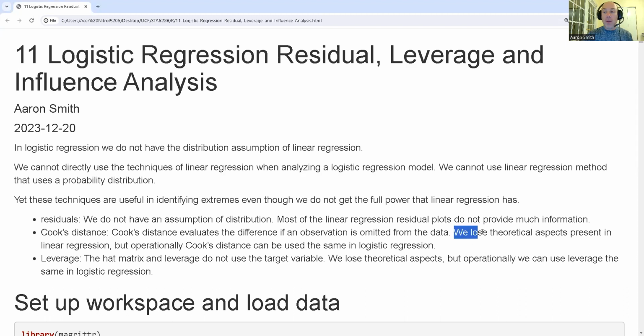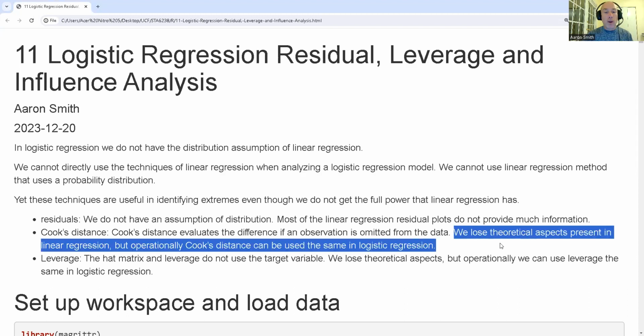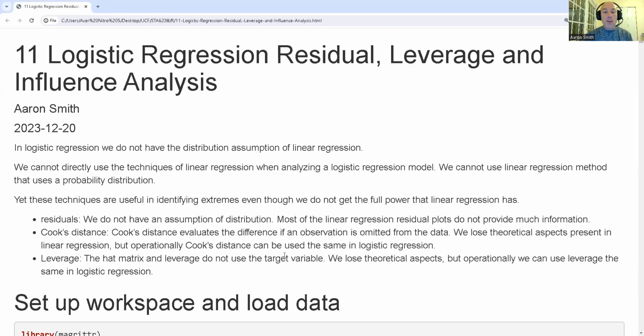So we don't have the theoretical aspect that we have in linear regression, but we can still use Cook's distance because we know extreme results are ones that we want to double check. Now, something about leverage is that the hat matrix doesn't consider the target variable at all, in no way, shape, or form, regardless of whether I'm using linear regression or logistic regression or whatever.